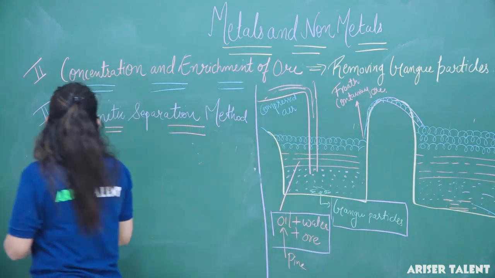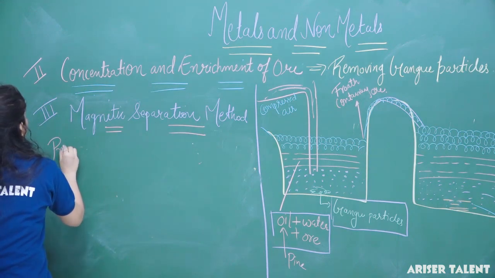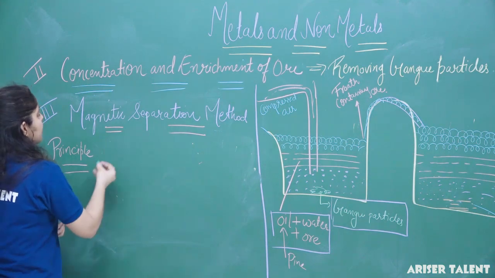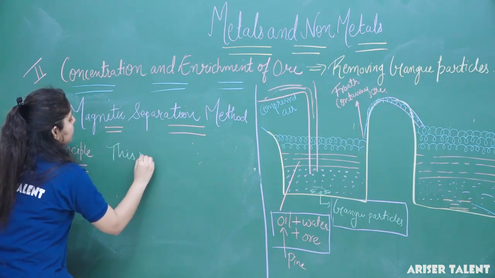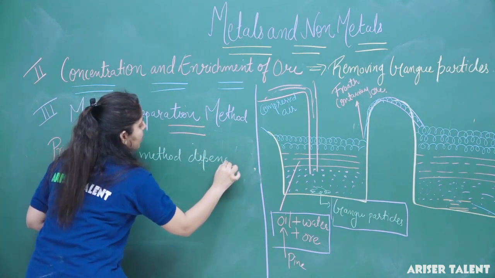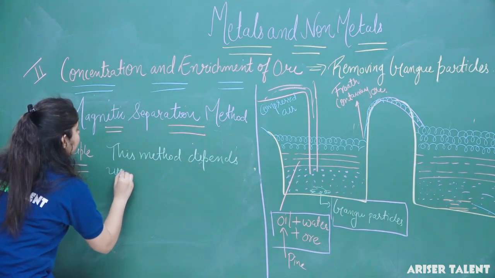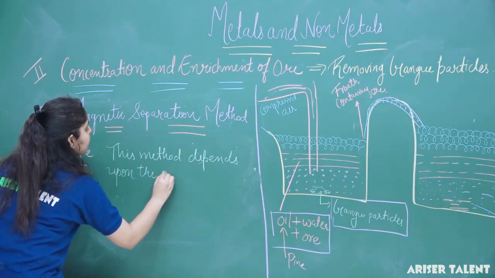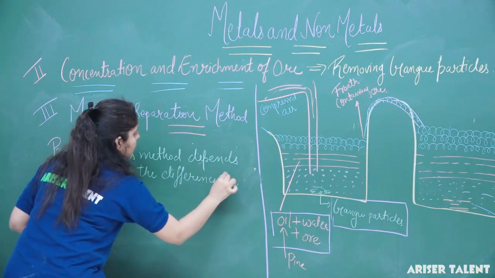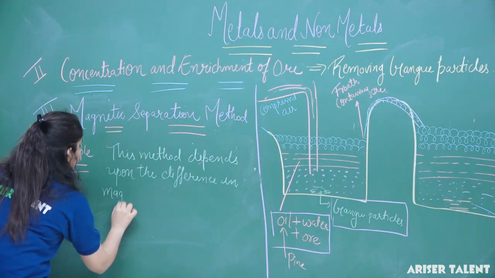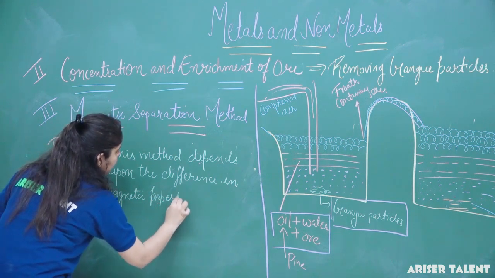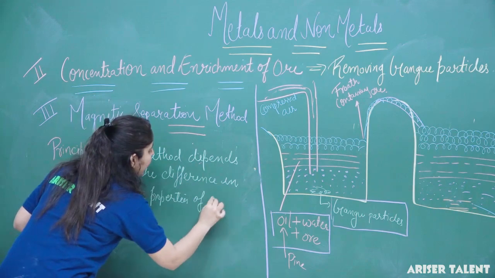So what is the actual principle of this method? The principle involved here is that this method depends upon the difference in the magnetic properties of ore and gangue.